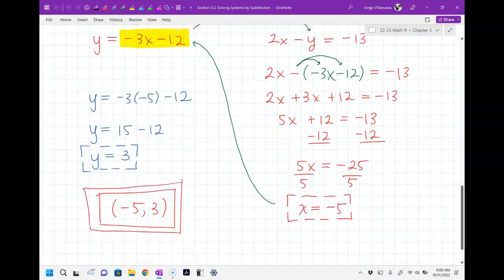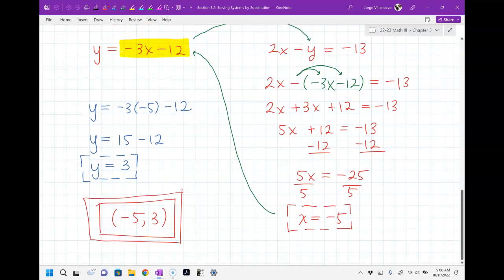Let me go back up. Remember, the easy one was easy because they were both solved for y, not because the work was simple. I call them easy because there's minimal work to start. The medium ones are medium because one is solved for, and when you plug it into the other equation, it ends up embedded inside of it.